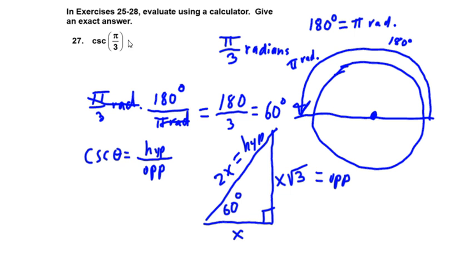Now we can put this in our calculator. It's going to be the same as cosecant of 60 degrees.